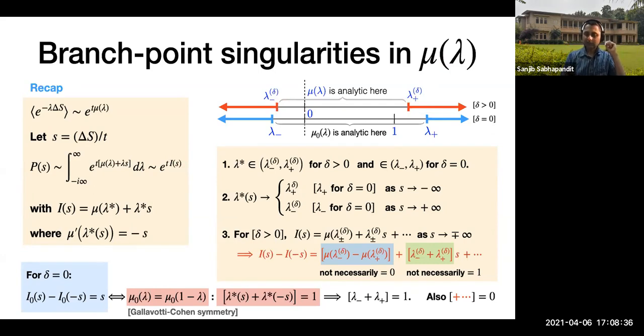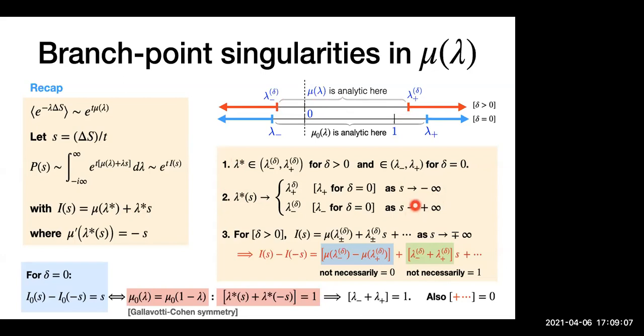Given this, your lambda star remains always within this analytic region of mu of lambda. What happens is that when S goes to minus infinity, this saddle point goes to one of the branch points, and as you increase S, the saddle point changes, and at the other limit it goes to the other branch point. So at these two limits the saddle point converges to these two branch points.